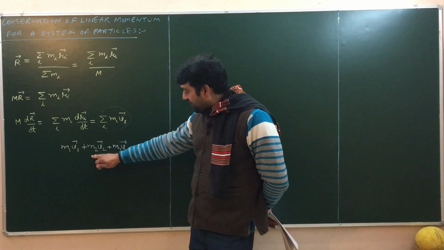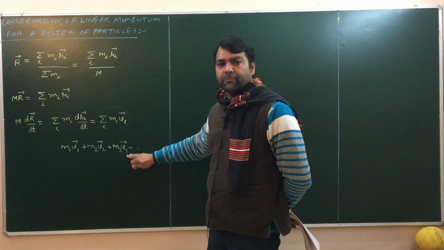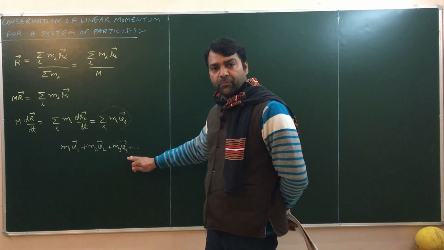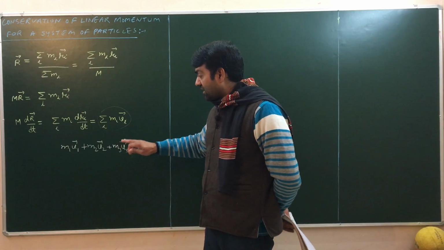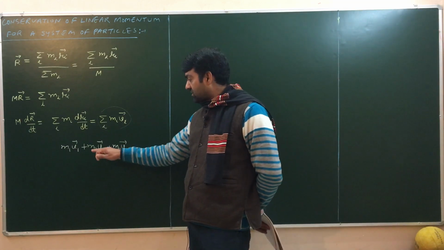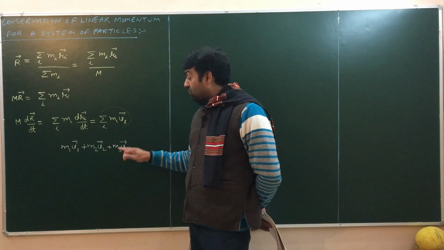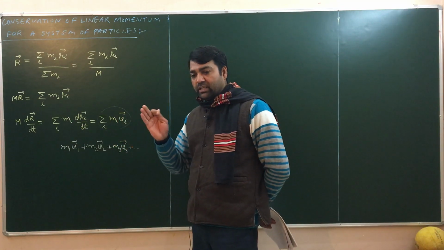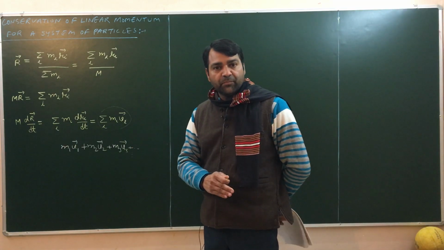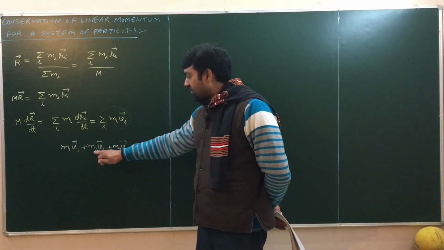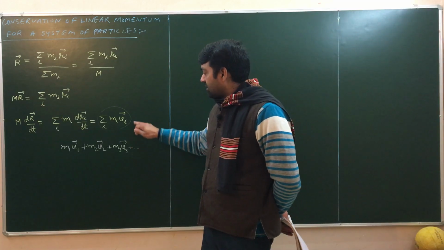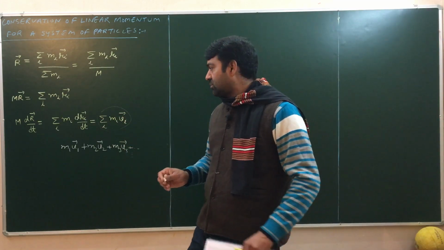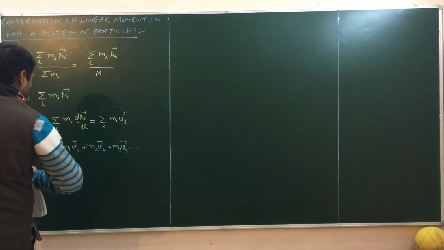So these quantities may depend on time. So it requires a superhuman ability to solve this term. But what is this term? This is actually the total linear momentum of the system, because these are the linear momenta of individual particles and their vector sum is the total linear momentum of our system.